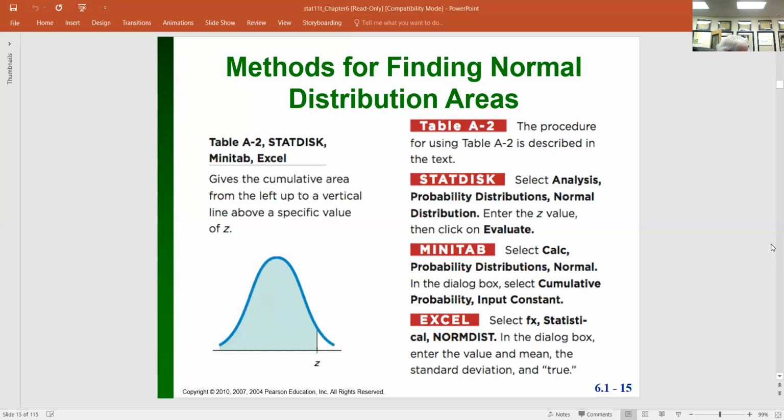So if we look at anything above 2.0, in this case, the number that's in the table is the proportion of the area of the curve to the left of the z-score. So we have a z of 2.0.